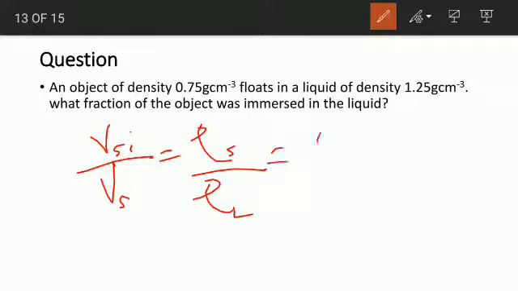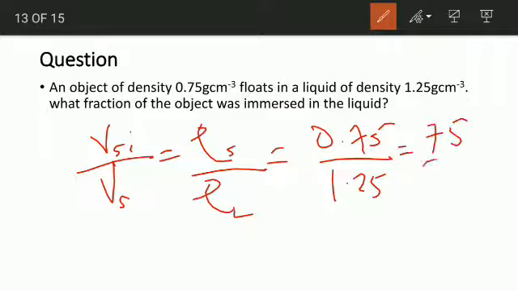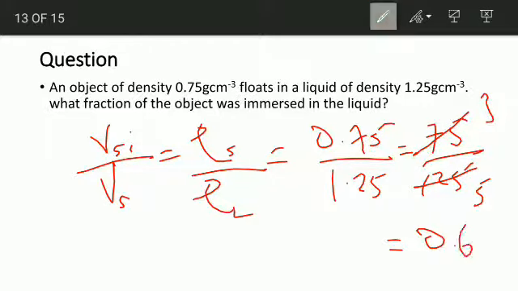So here we have that the density of solid is 0.75 and the density of the liquid is 1.25. That's the same thing as 75 over 125. So 25 can go into 75 three times, and 25 can go into 125 five times. So the answer to that question is 3 over 5, or you say 0.6.